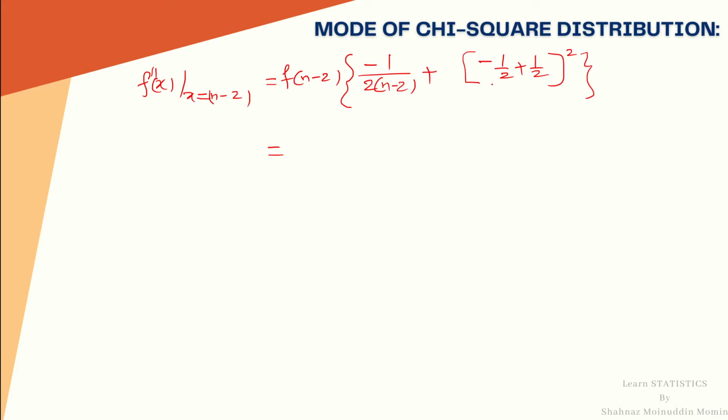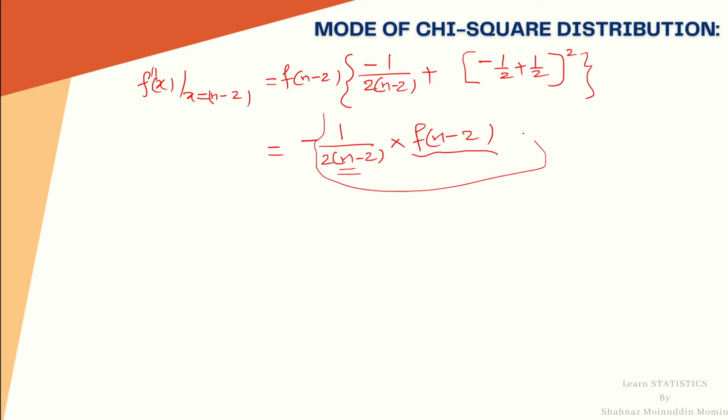Here minus half and plus half get cancelled, leaving minus 1 upon 2 into n minus 2 into f of n minus 2. We know that f of n minus 2 is the value of the PDF of chi-square at the point n minus 2, which lies between 0 and 1, and n is the degrees of freedom, which is always positive. So all these terms are positive.